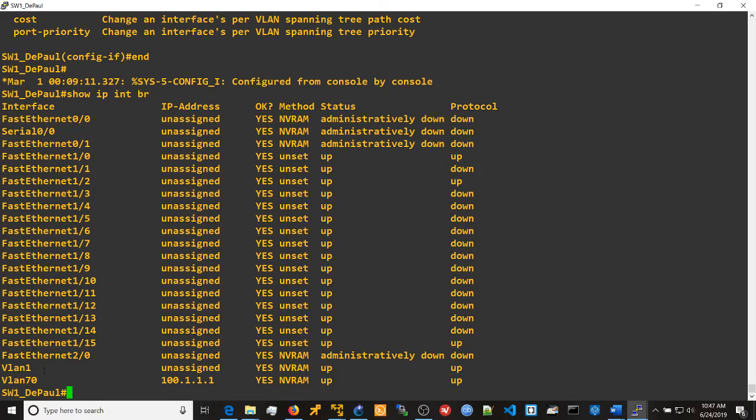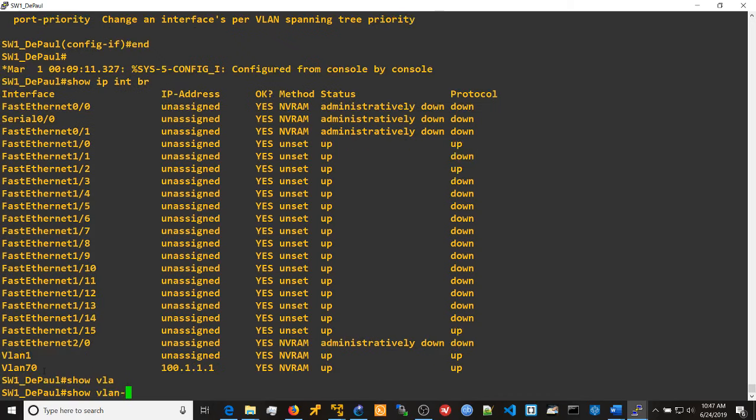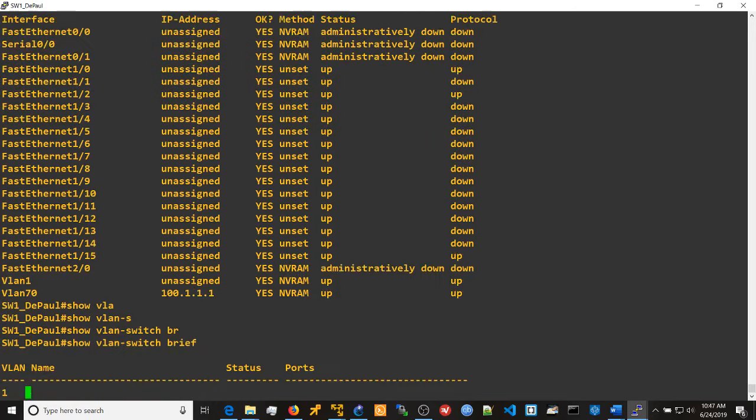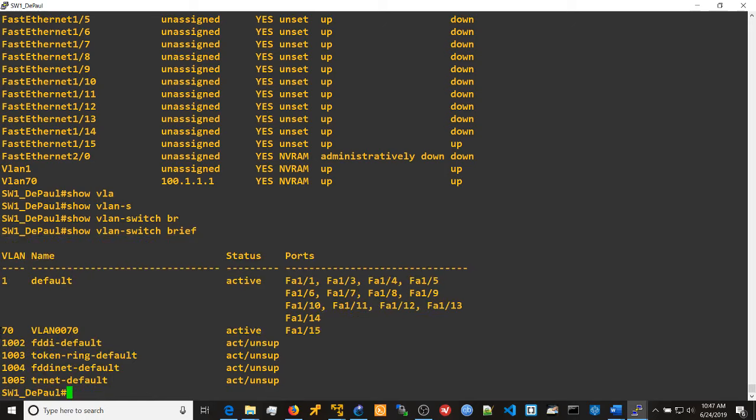So let's look at the VLANs. Show VLAN switch brief. So we have here VLAN 70 and VLAN 1, the default one, and we see here Fast Ethernet 1/15 is the Fast Ethernet that is connected to host 1.